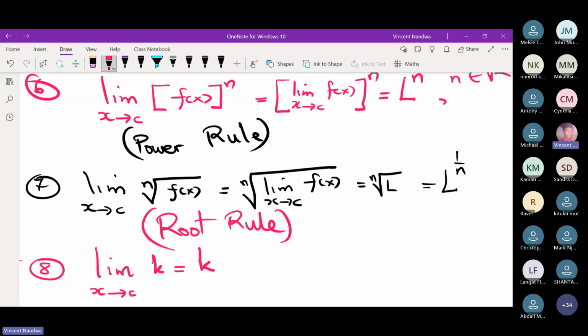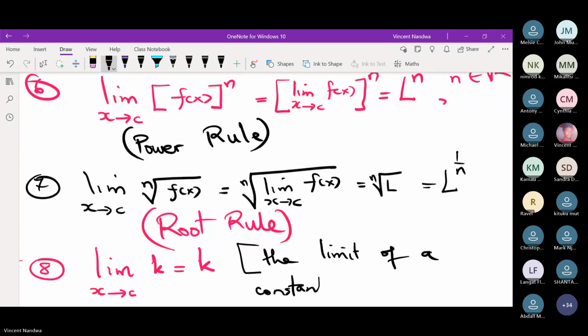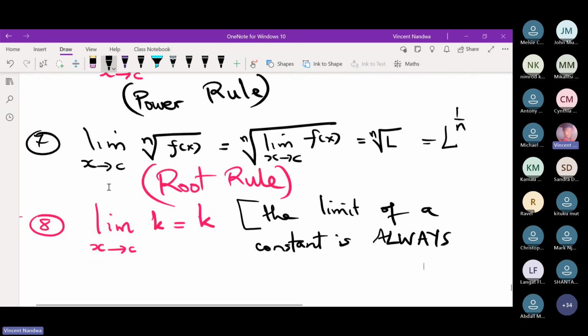So this means the limit of a constant is always the same.